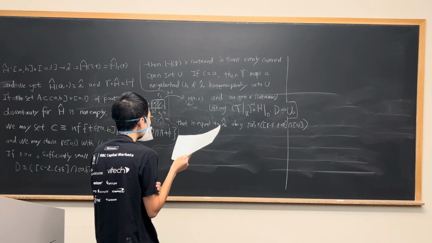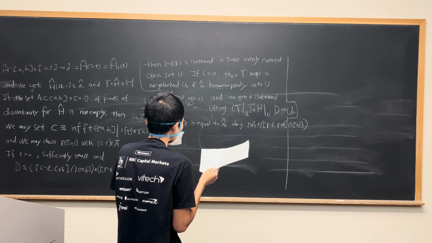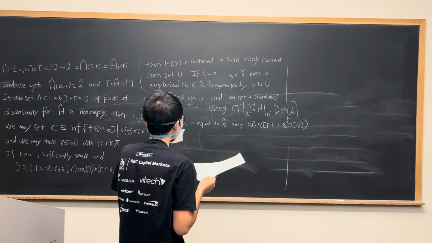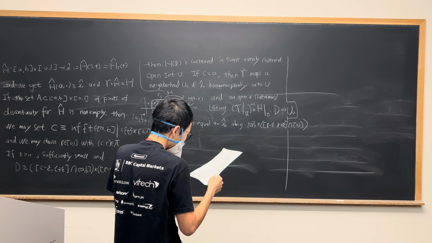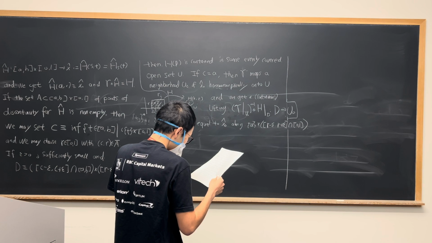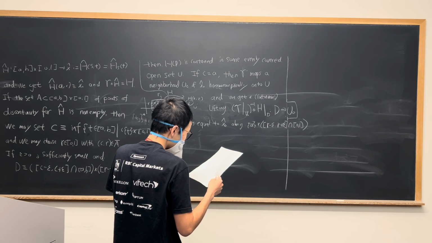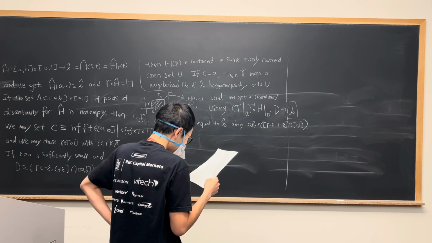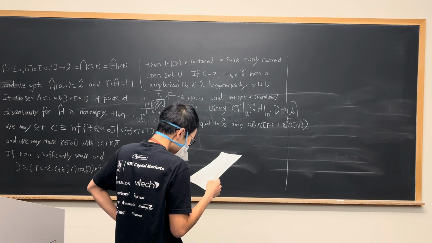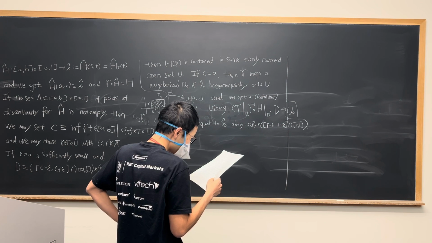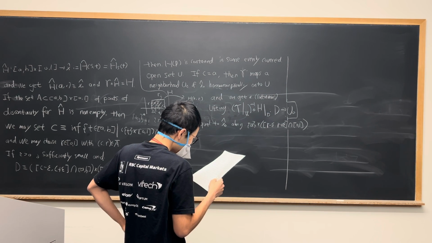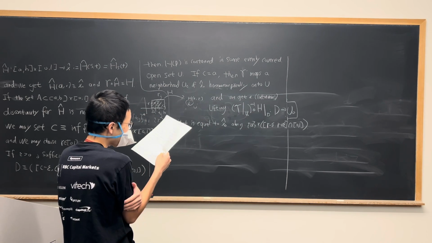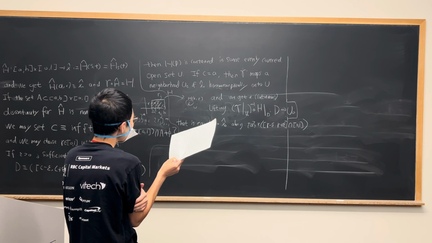If you take the composition, that is equal to x naught hat along this A cross.